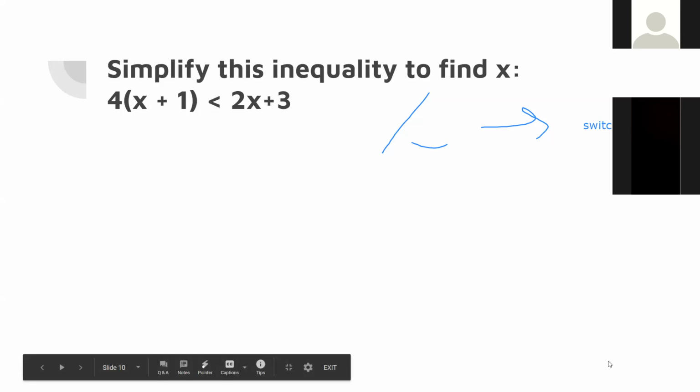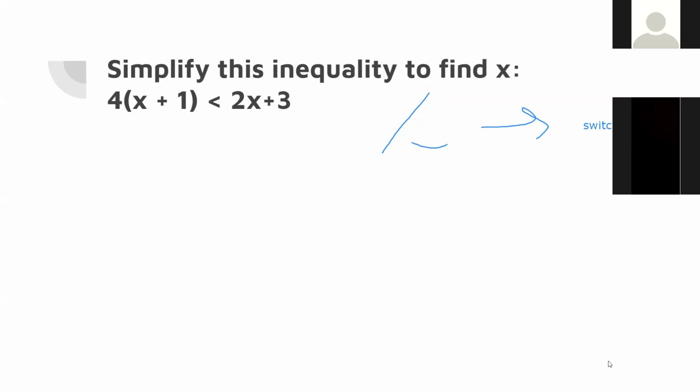Wait, do we switch the sign when we divide as well? Only by a negative number. Okay. And that's just because once you plug in a couple numbers, you see that if you didn't switch the sign, you would end up changing the original inequality.